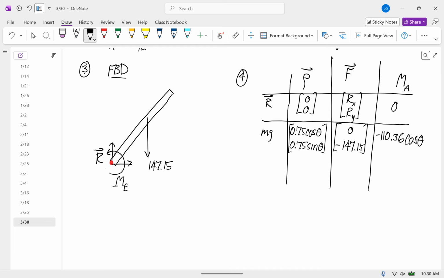And remember, we still have that formula for theta that we can plug in. Any other loads we have to deal with? Yeah, the couple. So we have to deal with this ME. We don't care about these. And that value is just ME.